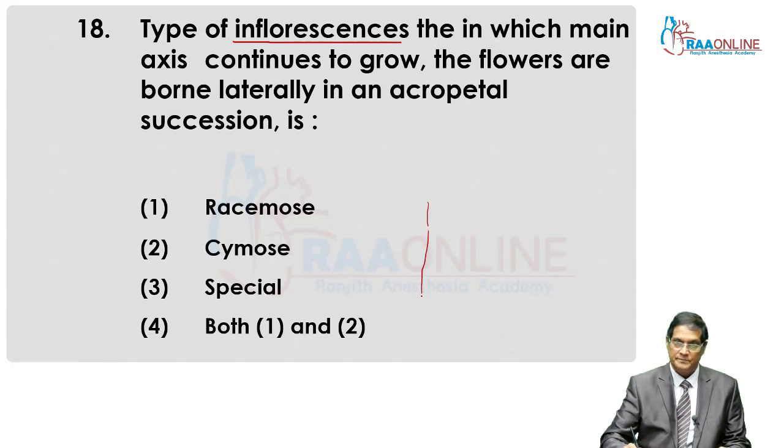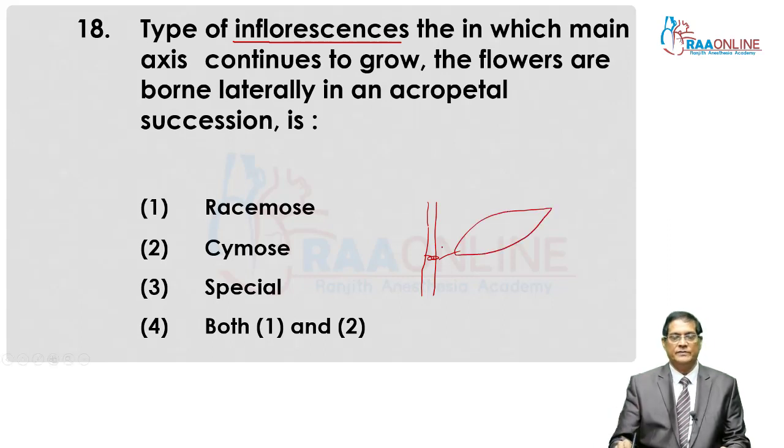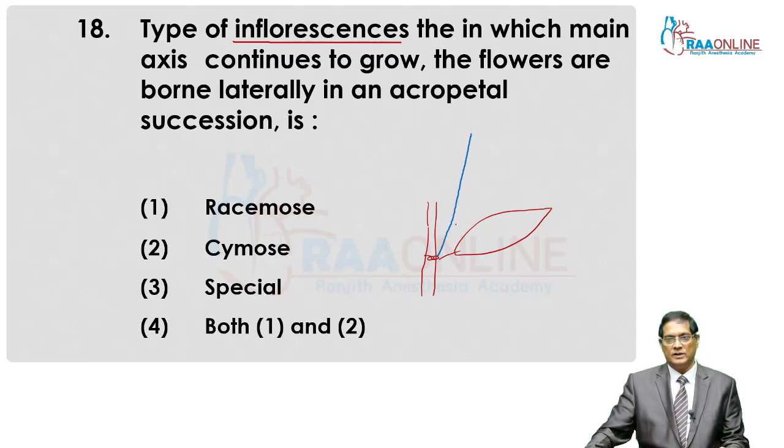This is a stem, this is a node, and on the node this is a leaf. In the axis of the leaf, this is the common floral axis. This common floral axis is known as peduncle.